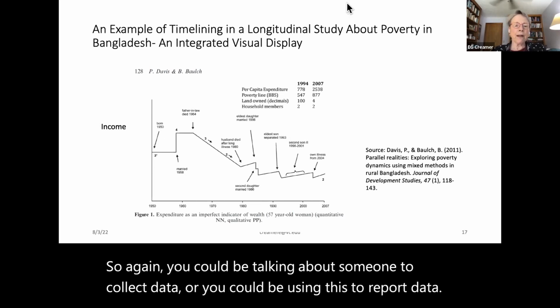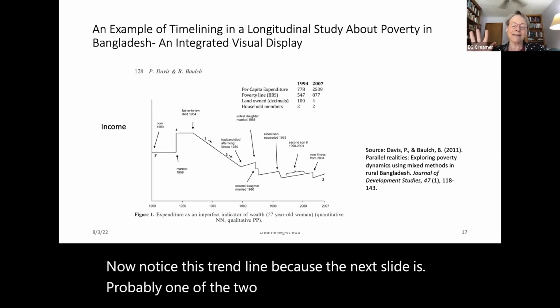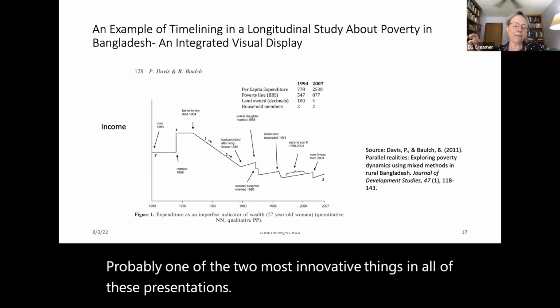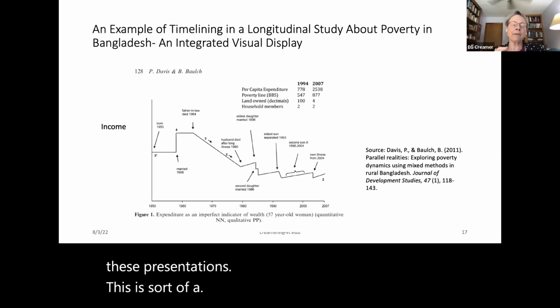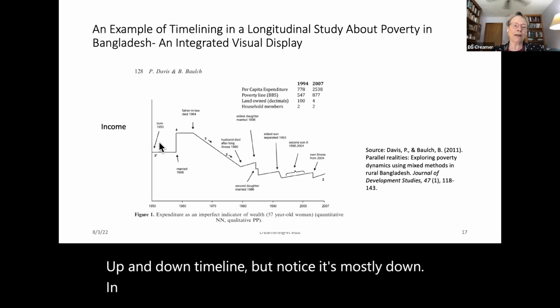Now notice this trend line, because the next slide is probably one of the two most innovative things in all of these presentations. This is sort of an up and down timeline, but notice it's mostly down. In this case, you've got poverty, income level over here.